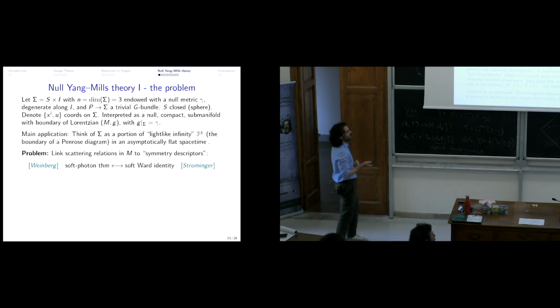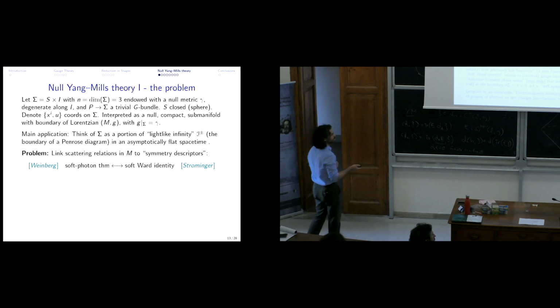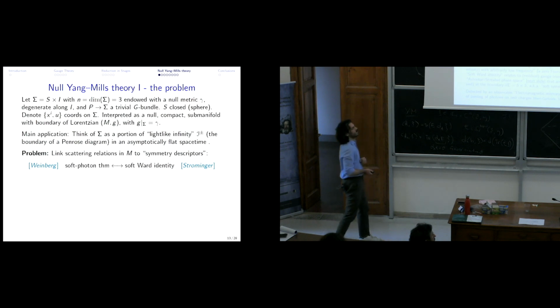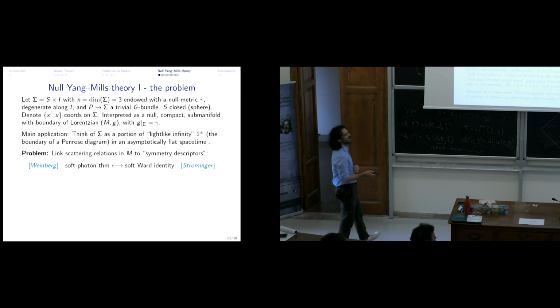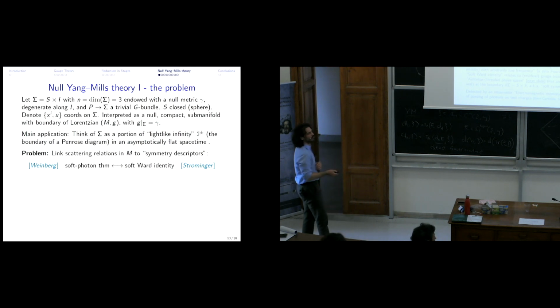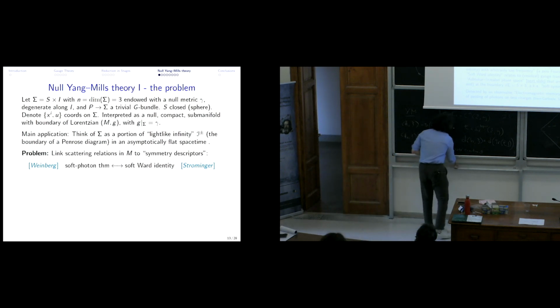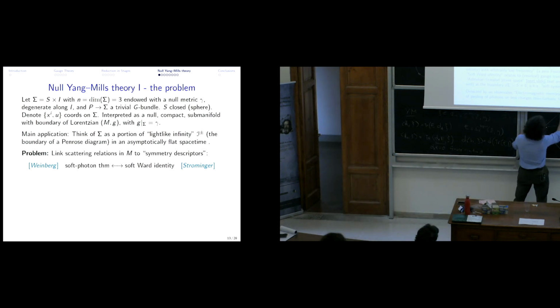So this problem is relevant because of the following observation due to Strominger, who realized that certain relations in scattering amplitudes for electrodynamics or color dynamics or even gravity are interpreted as Ward identities for certain symmetries that are non-trivial here. So at the boundary, well, in this case, sorry, here.